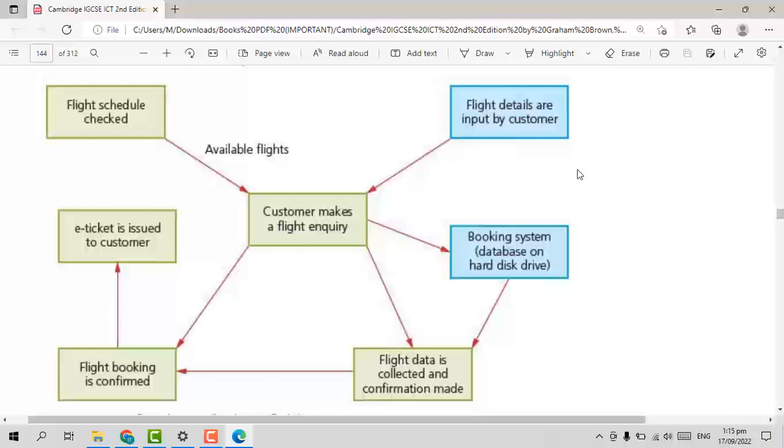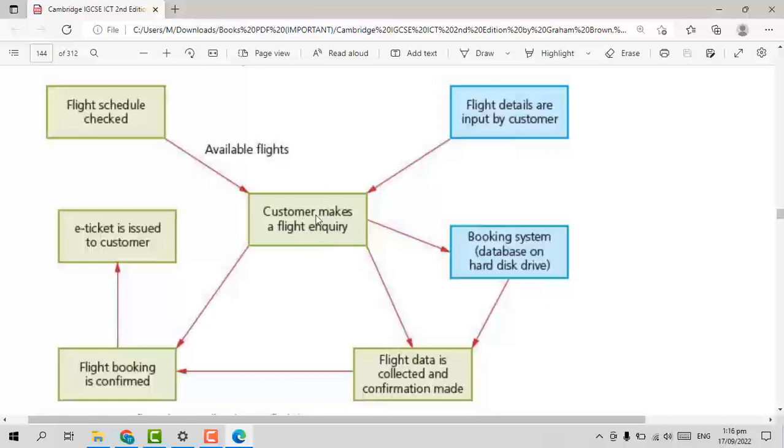In this method, a customer makes a flight inquiry. Let's say I picked up my phone and called an airways company, and I want to fly to Dubai or New York or wherever. I made an inquiry and said, I'd like to book a flight from Khartoum to Riyadh, for example.